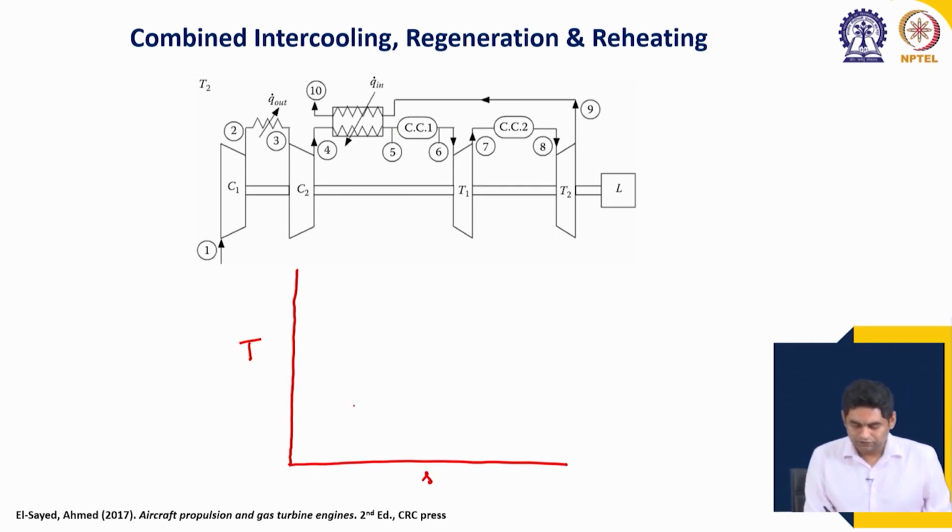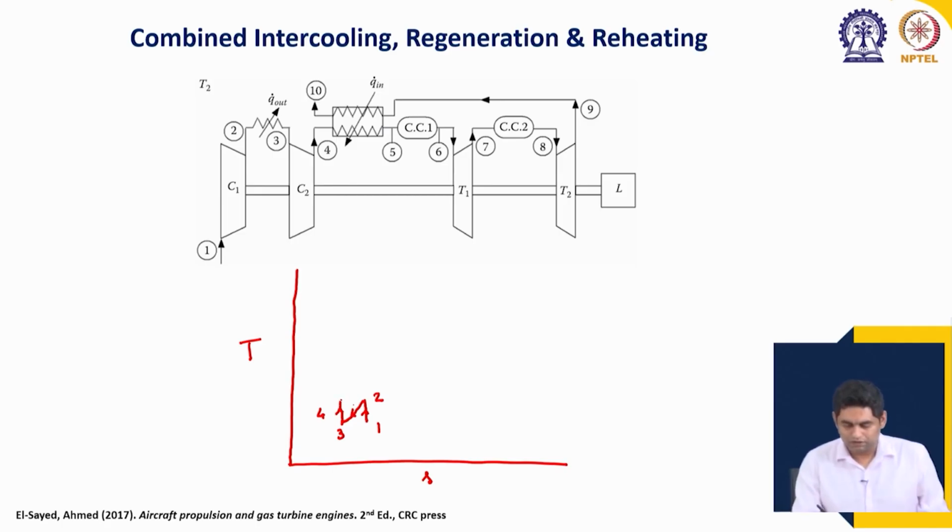By this time it should be clear to all of you: 1 to 2 is low pressure compression, 2 to 3 intercooling, 3 to 4 high pressure compression.